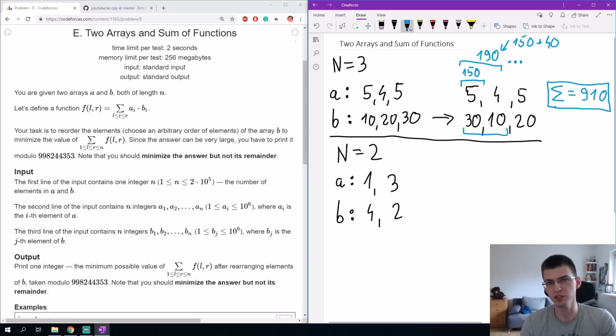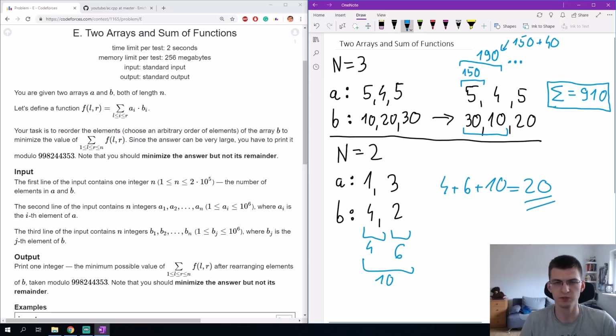Our goal is to rearrange elements in B to minimize the total sum. On the second example, for this interval we have 1 times 4, which is 4. On this interval we have 6, and this total interval is 1 times 4 plus 3 times 2, which is in total 10, and then we take the sum of those sums, which is 20.